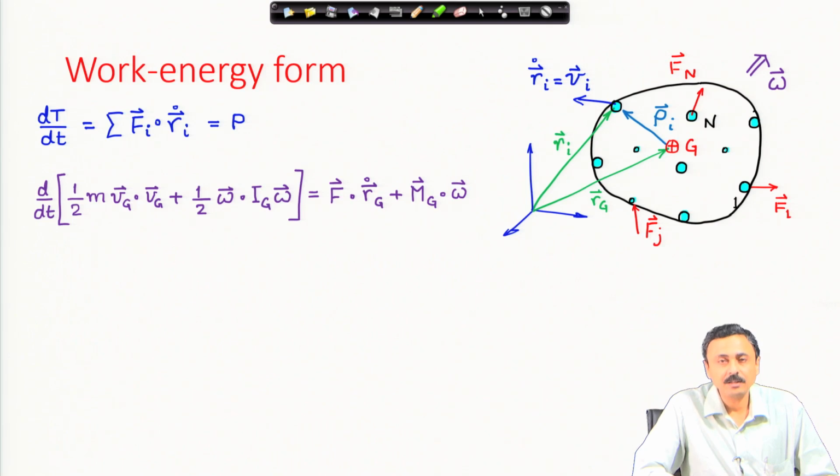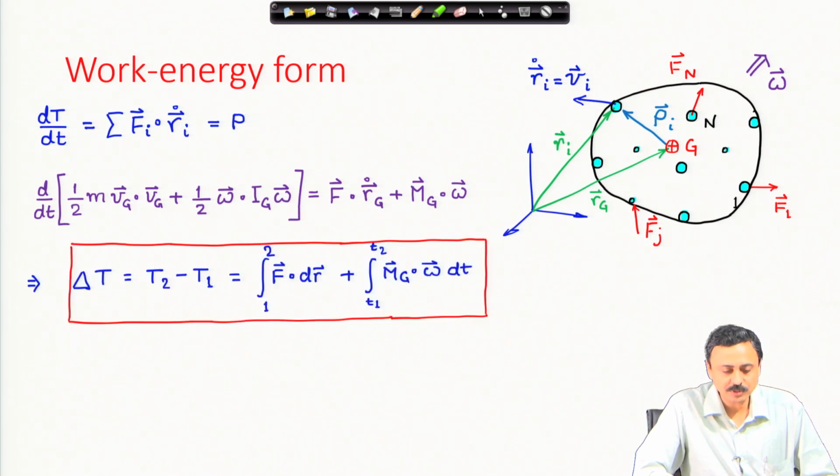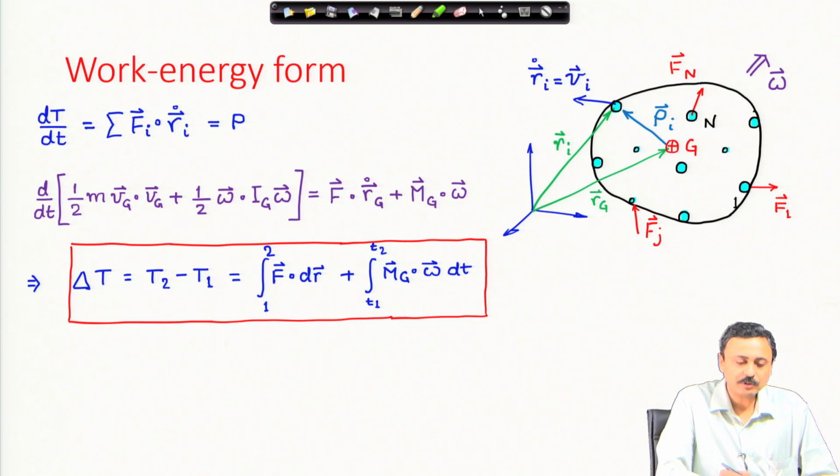And when I do these substitutions, I get this as my final expression. Therefore, if I integrate over time, on the left I will get the change in kinetic energy.